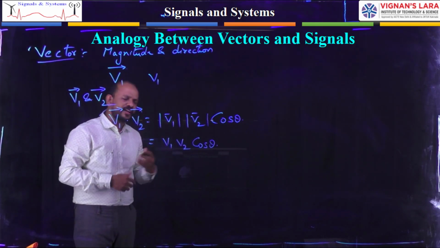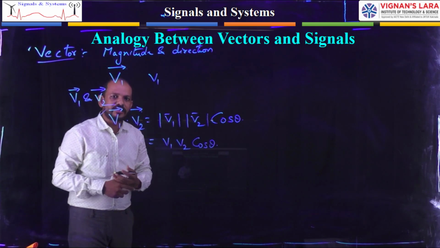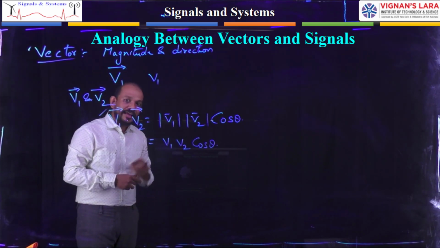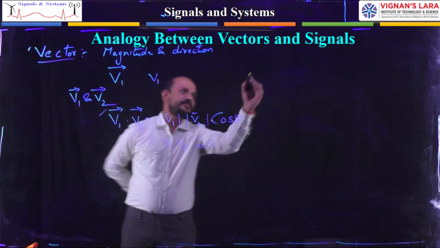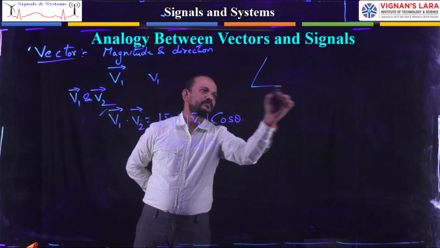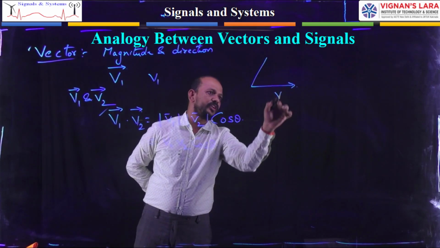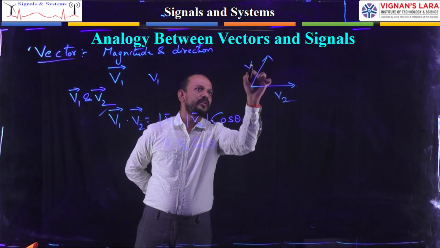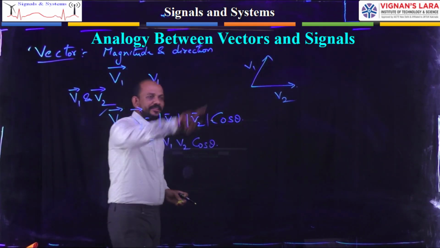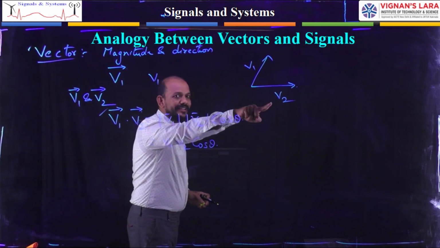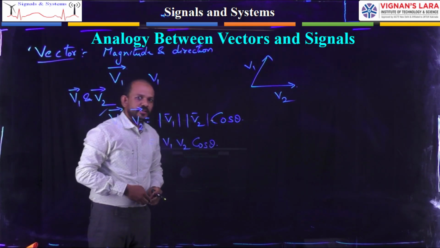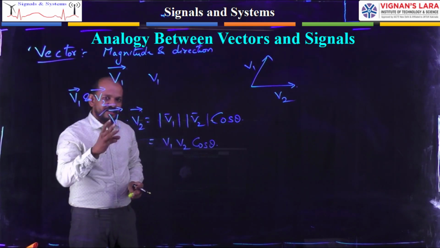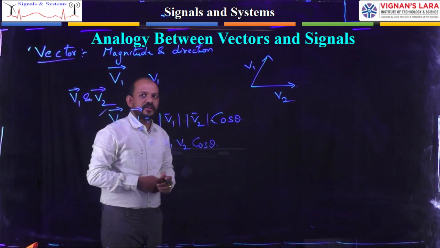Let us take this as vector V2 and this as vector V1. Now I want to represent this vector V1 in terms of V2. That can be done in infinite ways, so from those I will take three ways as an example.